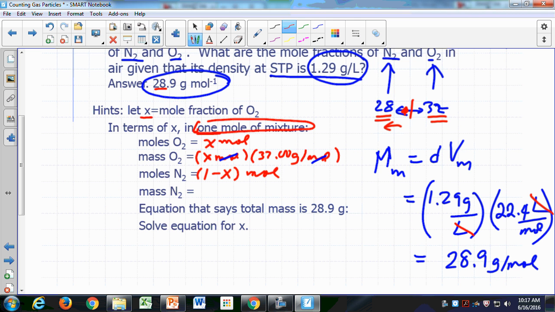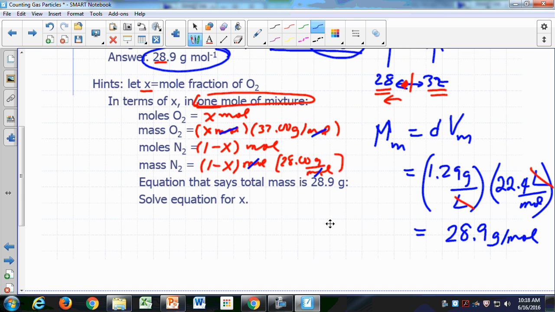The mass of N2 would be the moles of N2 times the molar mass, so 1 minus X moles times 28.00 grams per mole. So mole cancels out here. What equation would say that the total mass is 28.9 grams? Remember, the mass of 1 mole is 28.9 grams. That's the molar mass.